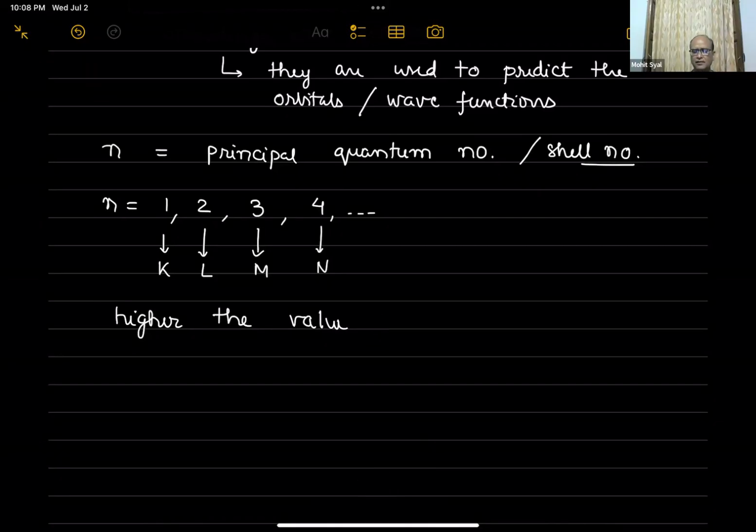Higher the value of n, more will be the size of the orbital.